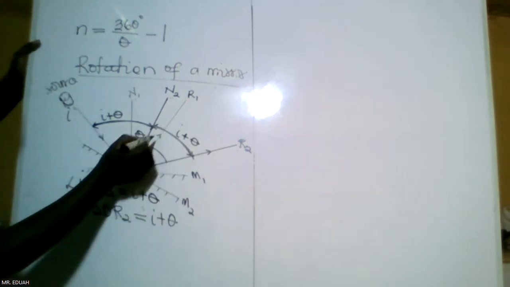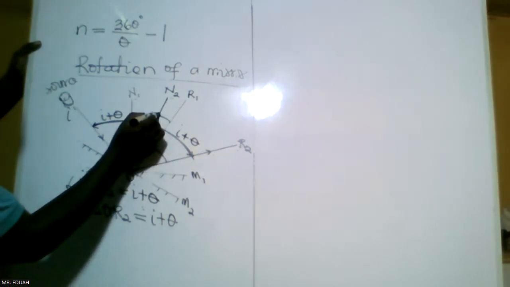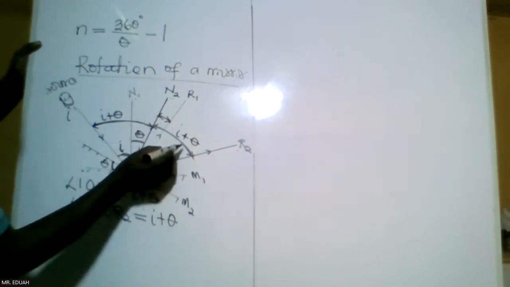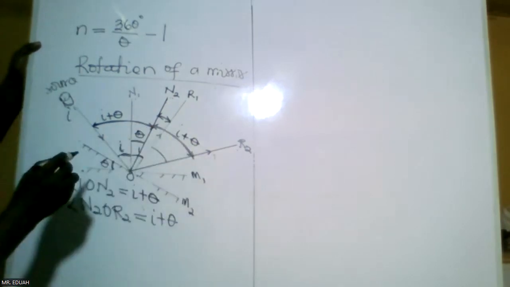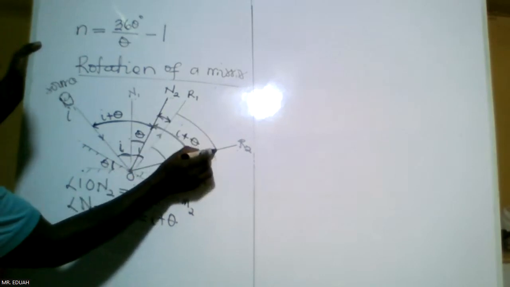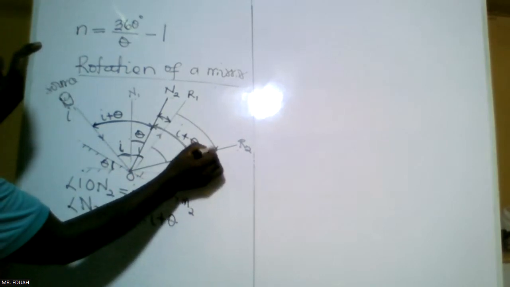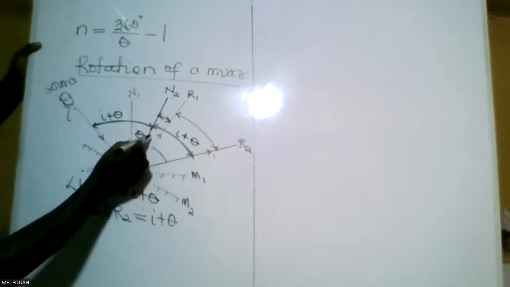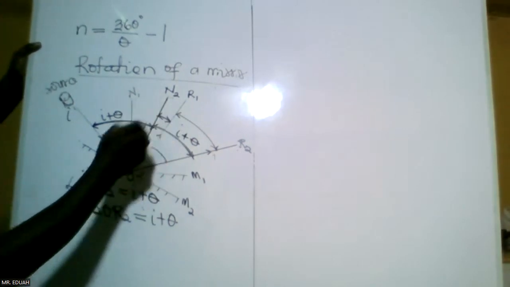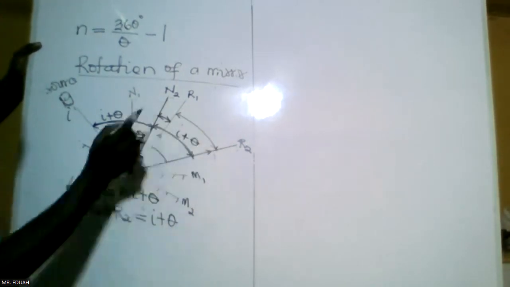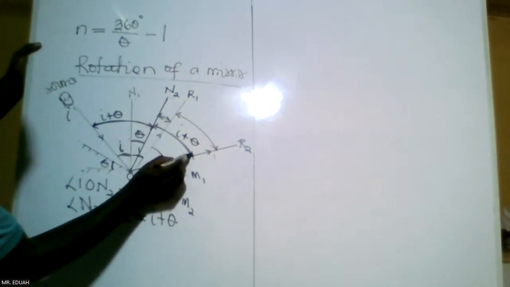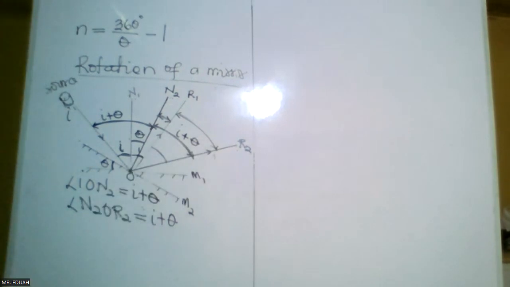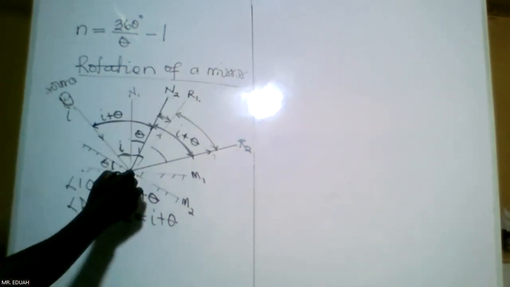Meaning that if we could determine the small angle, we just subtract it from this bigger angle. Then we have this. We are looking for this. We have this bigger one, N2OR2. So if we could get this and subtract it from the bigger one, then we could get angle R1OR2.